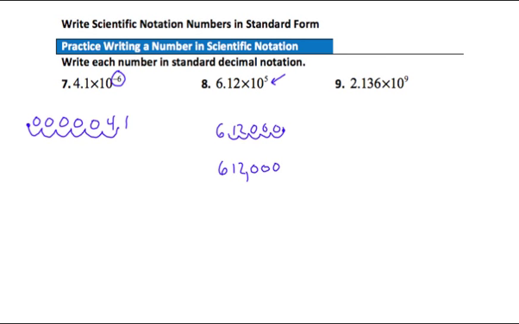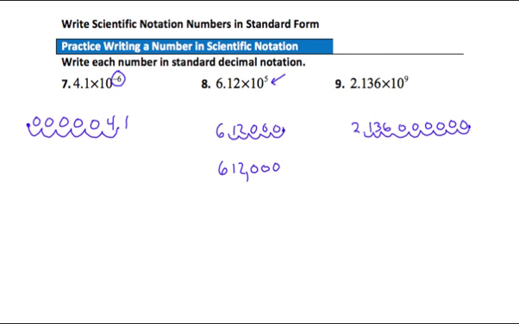All right, question 9. 2.136. I'm multiplying by 10 to the 9th. That's going to make this number larger, so I need to move this decimal to the right to make this number larger. I need to move it 9 places. 1, 2, 3, 4, 5, 6, 7, 8, 9. So there's my decimal. I'll add my zeros in.